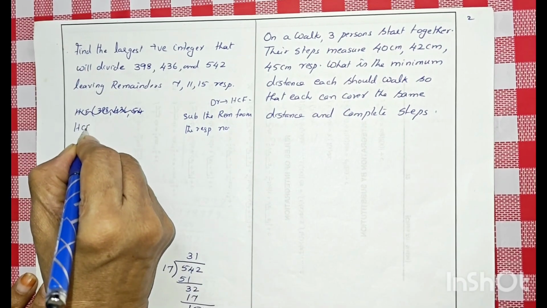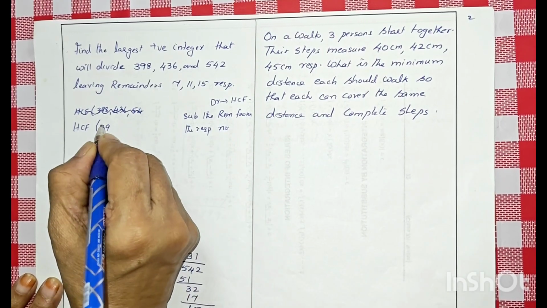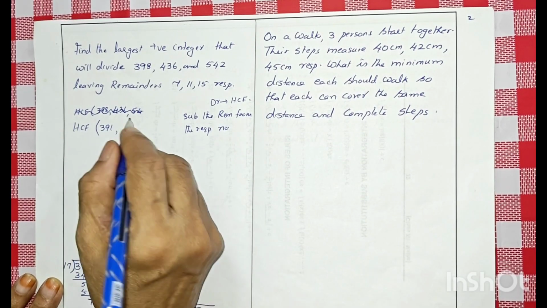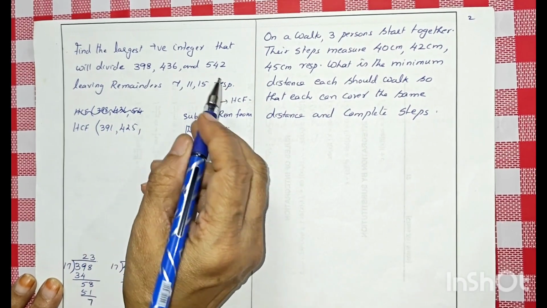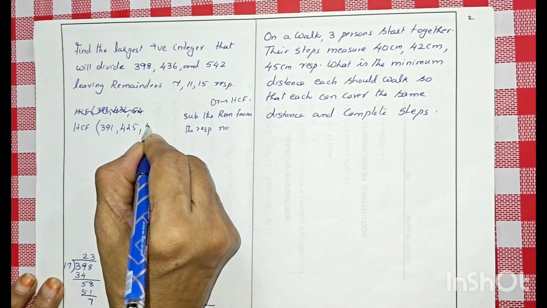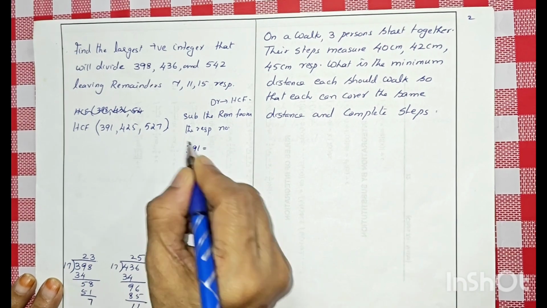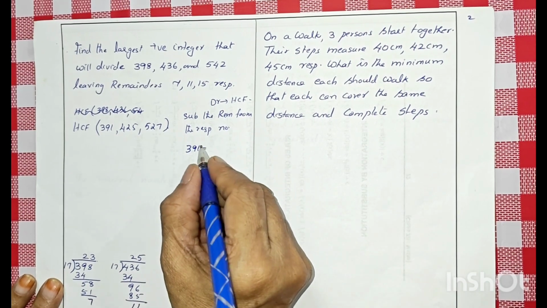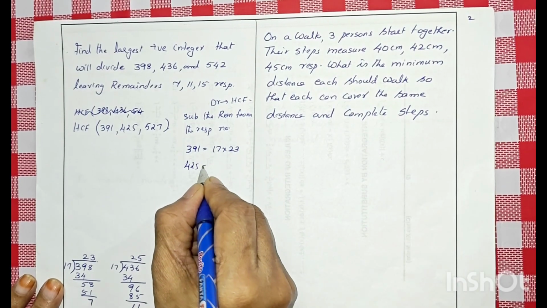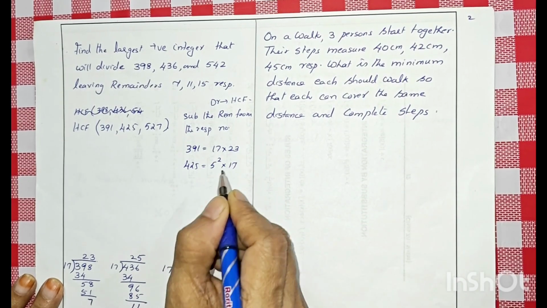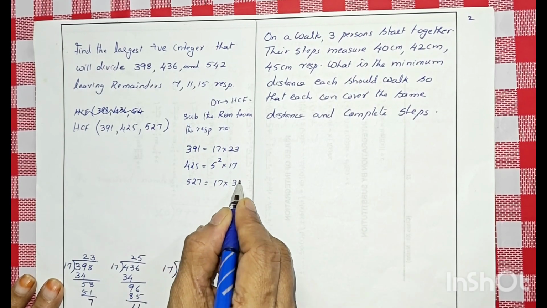So you have to find the HCF of 398 minus 7, that is 391, 436 minus 11, that's 425, and 542 minus 15, that's 527. So we will do the prime factorization. 391 is 17 into 23, 425 is 5 squared into 17, and 527 is equal to 17 into 31.